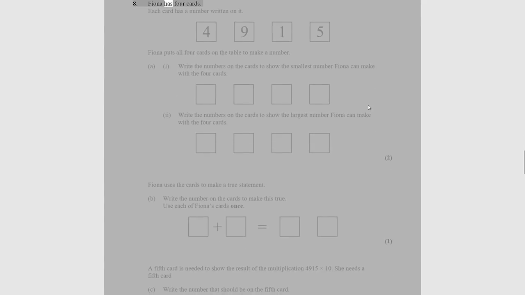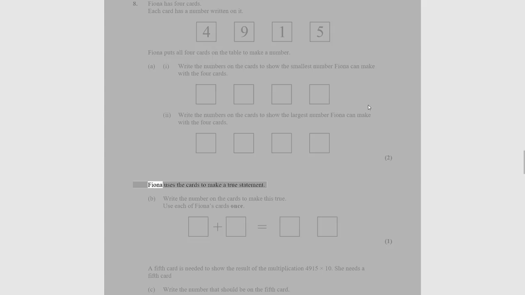8. Fiona has 4 cards. Each card has a number written on it. Fiona puts all 4 cards on the table to make a number. a. i. Write the numbers on the cards to show the smallest number Fiona can make with the 4 cards. ii. Write the numbers on the cards to show the largest number Fiona can make with the 4 cards.